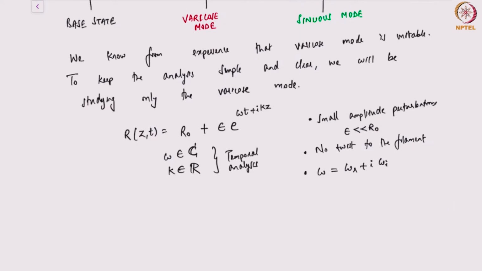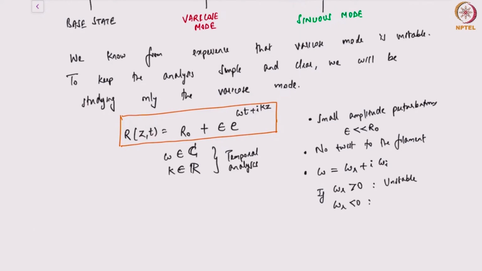If omega r is greater than 0, notice that the exponential term will keep growing in time. I have an unstable case. If omega r is less than 0, I have a stable jet. And if omega r is equal to 0, then I have the neutral case.